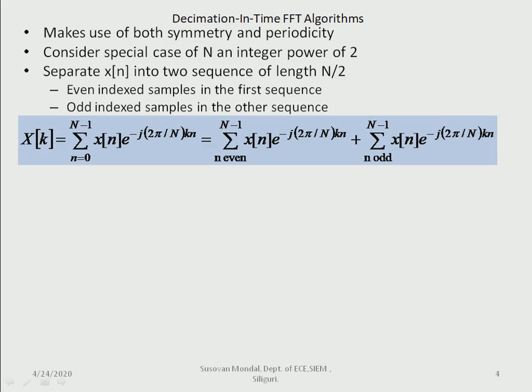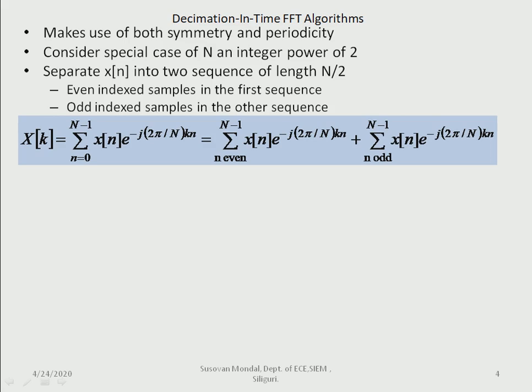So even indexed means x of 0, x of 2, x of 4 and x of 6, and odd indexed means x of 1, x of 3, x of 5 and x of 7. So we will decimate an 8 length sequence into two parts, 4 and 4. The first part will contain the even indexed and the second part will contain the odd indexed sequence.